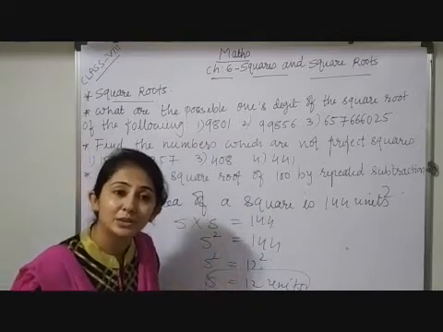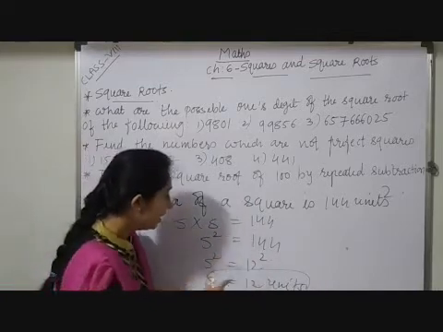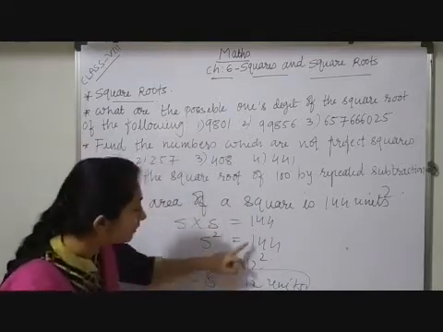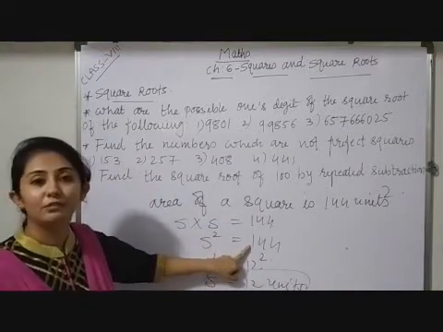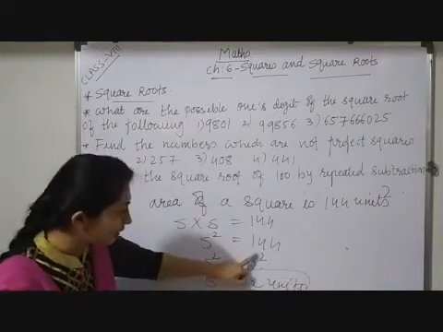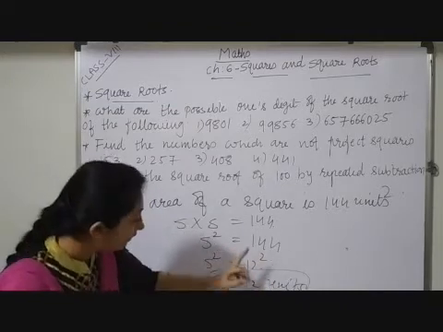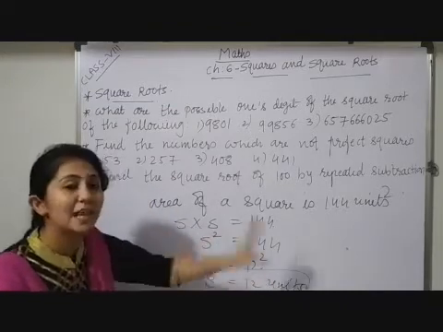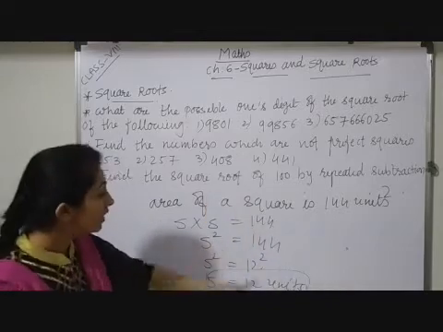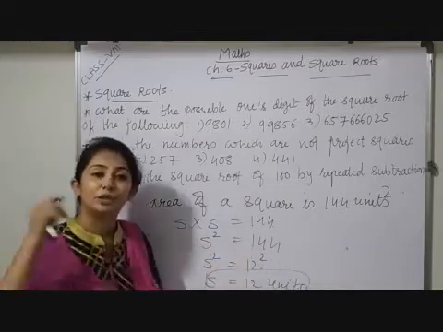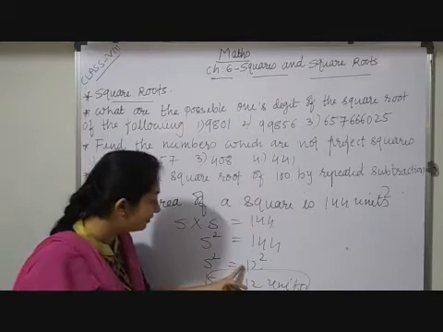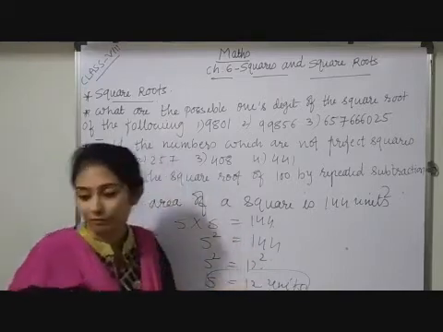Here we are just finding what 12 is: it is the perfect square root of 144. If I multiply 12 by the same number, 12 itself, I get 144. So I can say that 12 is the square root of 144.